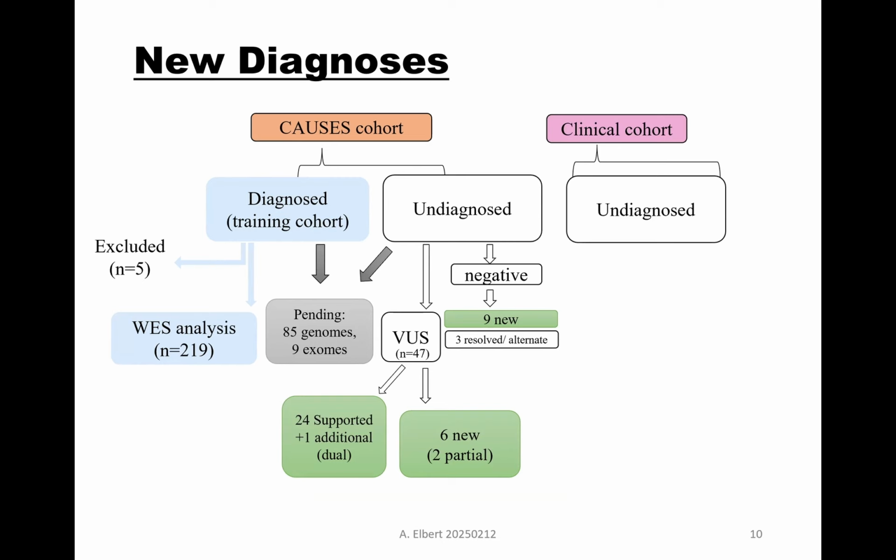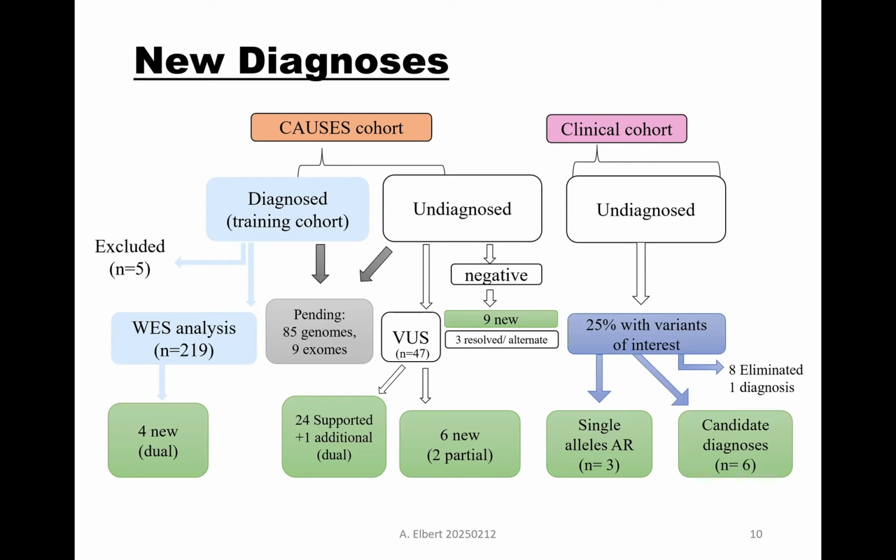Of the discordant, we identified 6 new diagnoses, which are partial explanations. So we suspect that those are twosies. Even in the training cohort, there were 4 additional diagnoses. So those are dual diagnoses as well. And of the negative research group, there were 9 new diagnoses, some of which require further workup to establish.